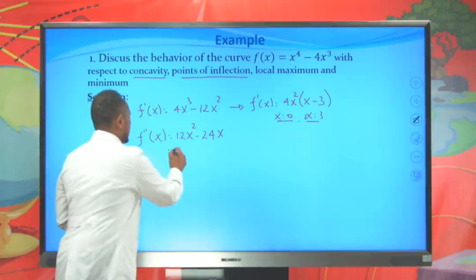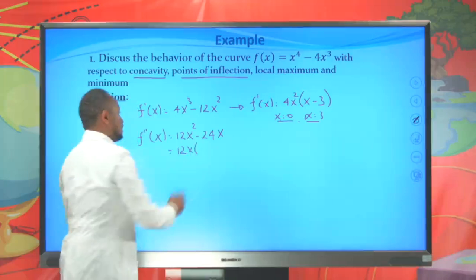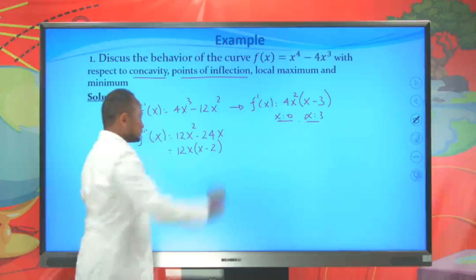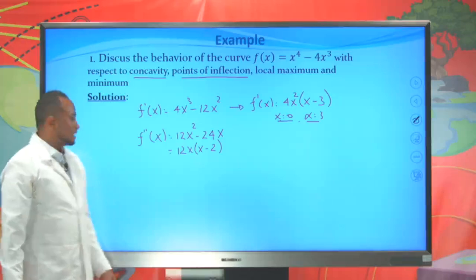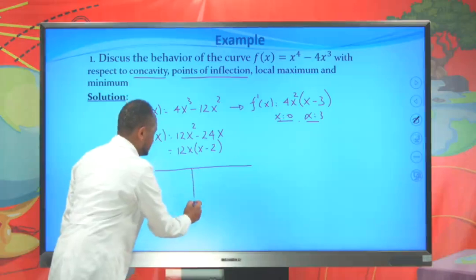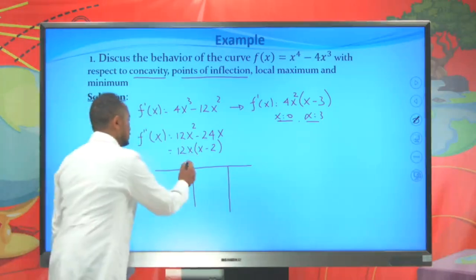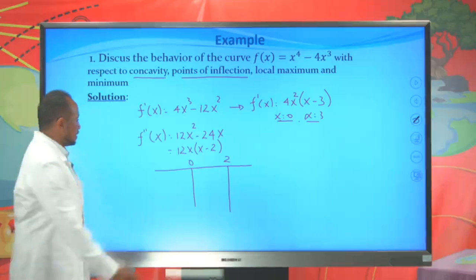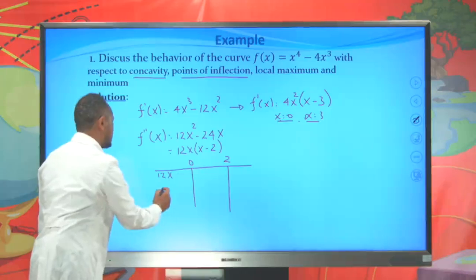Let's take 12x as a common factor, and you'll have x minus 2. To find the sign of this, we have to use a sign chart. Using the sign chart, the boundary numbers are 0 and 2, and our function here is 12x times x minus 2.